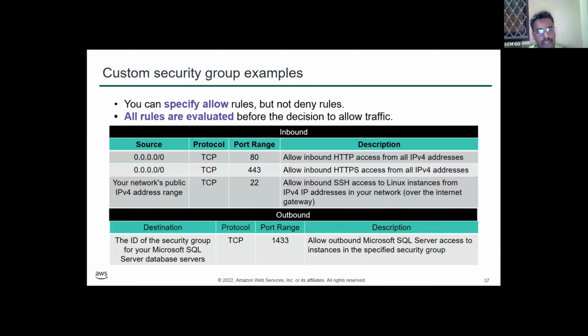He will check with the HR or the concerned manager with all the details, then he will allow. But when the candidate is going out, he will not take any data again because he is stateful, because he has already recorded all the data. Next, you can specify allow rules but not deny rules. That means by default, all are denied. If you are allowing somebody, you have to mention only the allow rules. And again, all rules are evaluated before the decision to allow traffic.